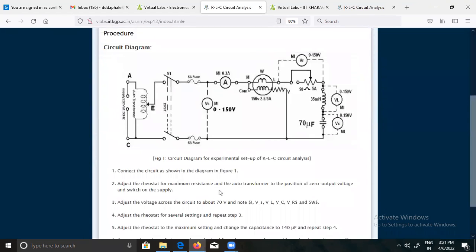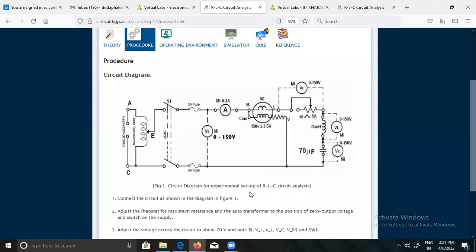Now see, this is the circuit diagram, or you can say the experimental setup, for this series RLC circuit. Here you can see this is the autotransformer, 230 volt 50 hertz. They have shown the autotransformer here. This is the ammeter that we have placed for the measurement of current.